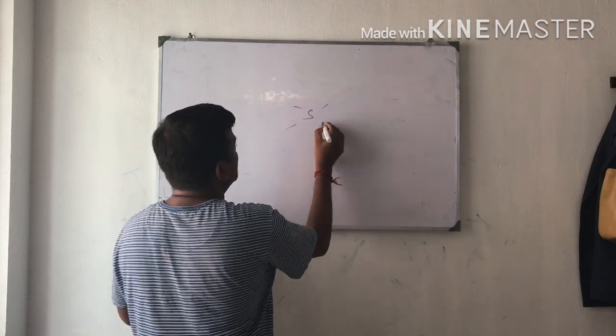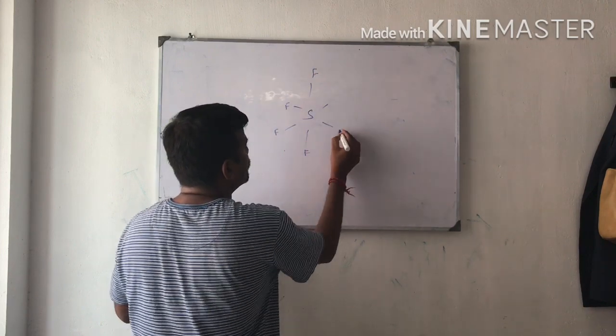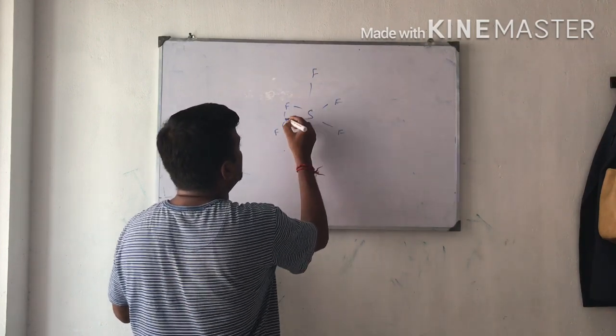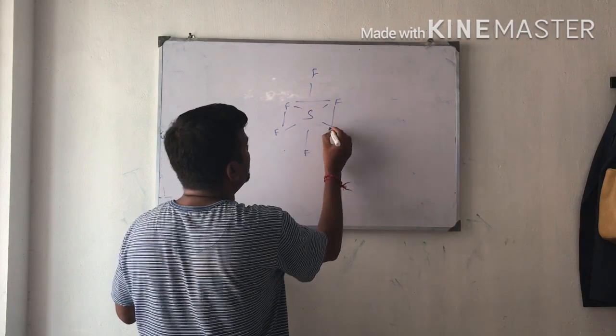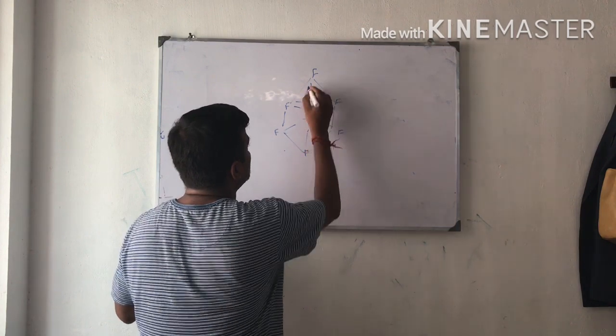Sulfur hexafluoride, we learned in the 11th standard. This is the structure of sulfur hexafluoride, which is octahedral in structure.